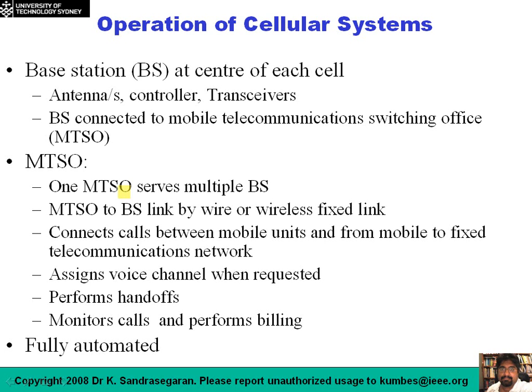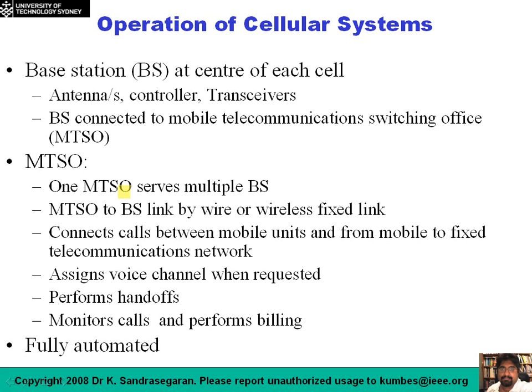Again, it depends on the type of cell that you are trying to achieve. You have transceivers, and the base station also has to have a link, either a wired link or a wireless link, through which it communicates back with the switching office.